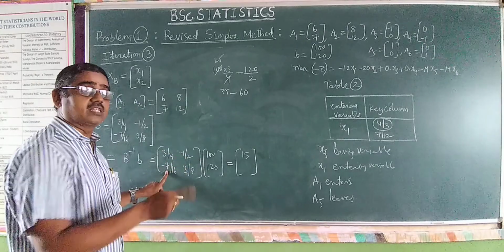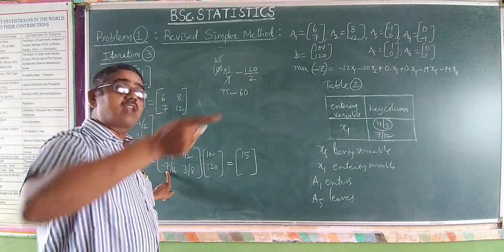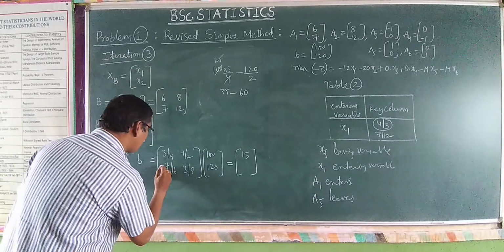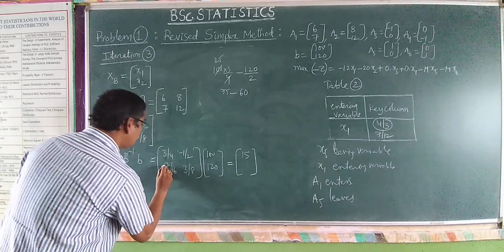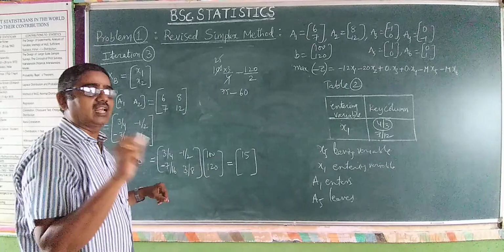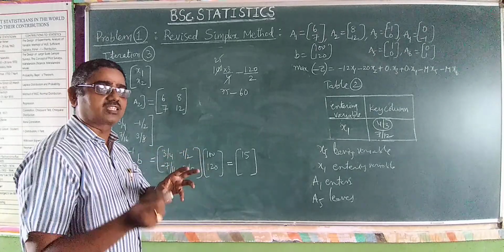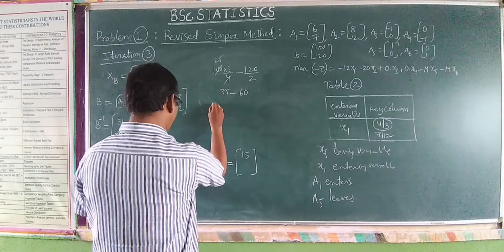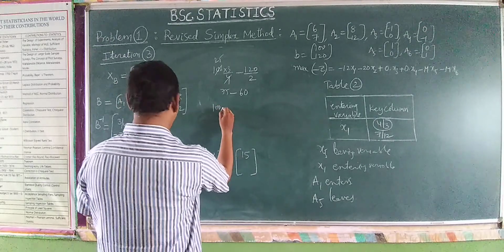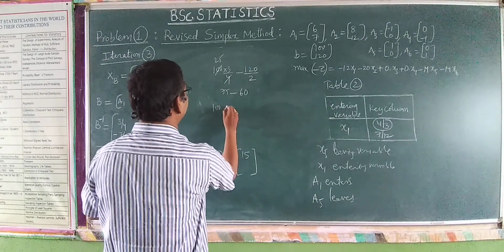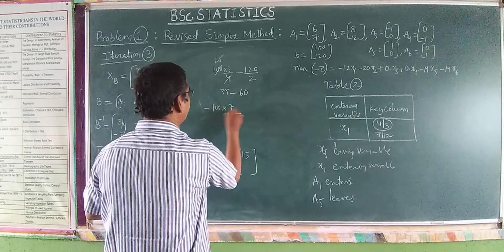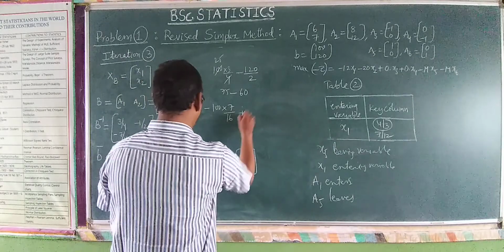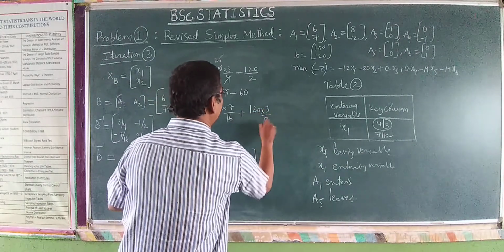Even these matrix multiplications can be done through the calculator. Use the calculator. That is very important. You should learn how to use the calculator to do matrix multiplication and matrix inverse. You learn it. That's all. There is no other way here. 100 multiplied by minus 7 by 16, that is minus 7 divided by 16, plus 120 into 3 by 8.